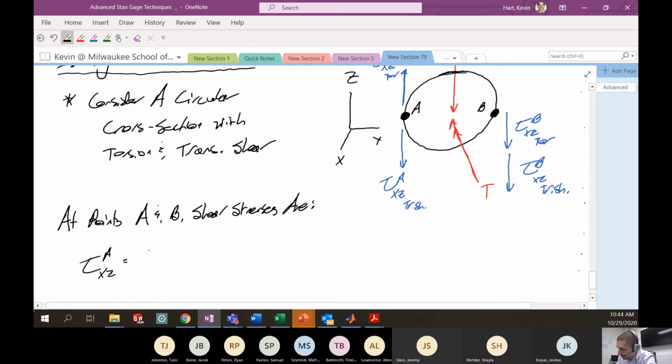I'll keep the directionality here. Since we're on the X face in the negative Z direction for transverse shear, I'll say this is the negative shear stress on the X face in the Z direction from transverse shear at A. Now I'm going to add to that the contribution of the torsion, since it's in the positive direction, here.